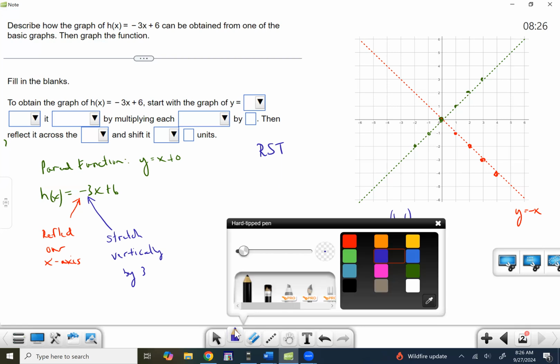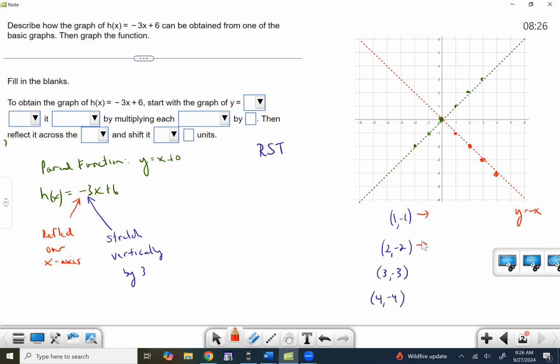Well, what we're going to do, since we're stretching it, is we are going to multiply all of the y coordinates because we're going vertically. If it had been horizontally, we would have done it to the x coordinates. So we're going to multiply them all by 3. So I'm going to keep all of my x's the same.